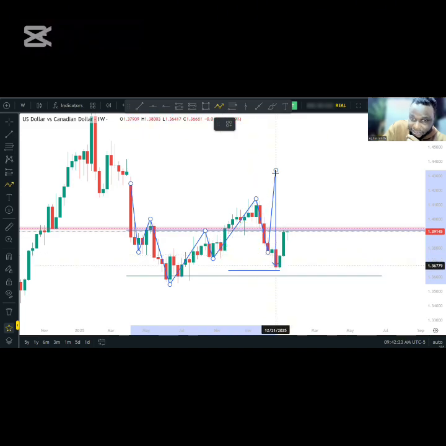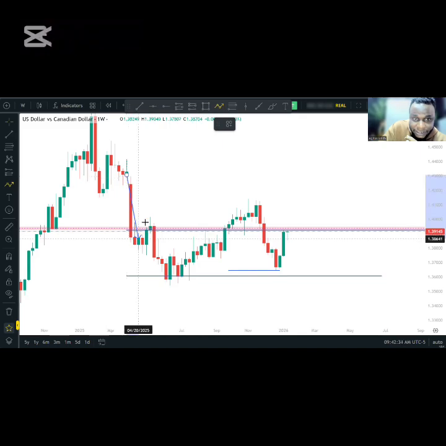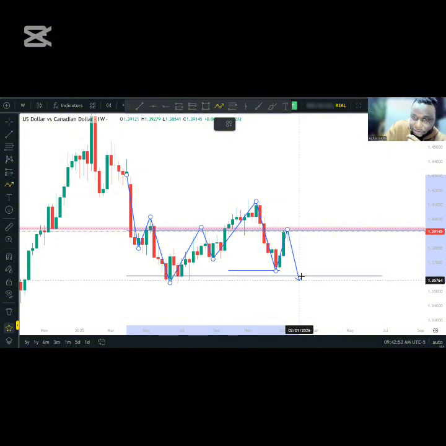So now as it stands, we have something like this. This was the reaction. So we're supposed to have this reacting to give us a new high, but now the market broke below. So we've had a change of character here. So we're just going to pull back to this level, then continue selling, at least to target any of these lows here.